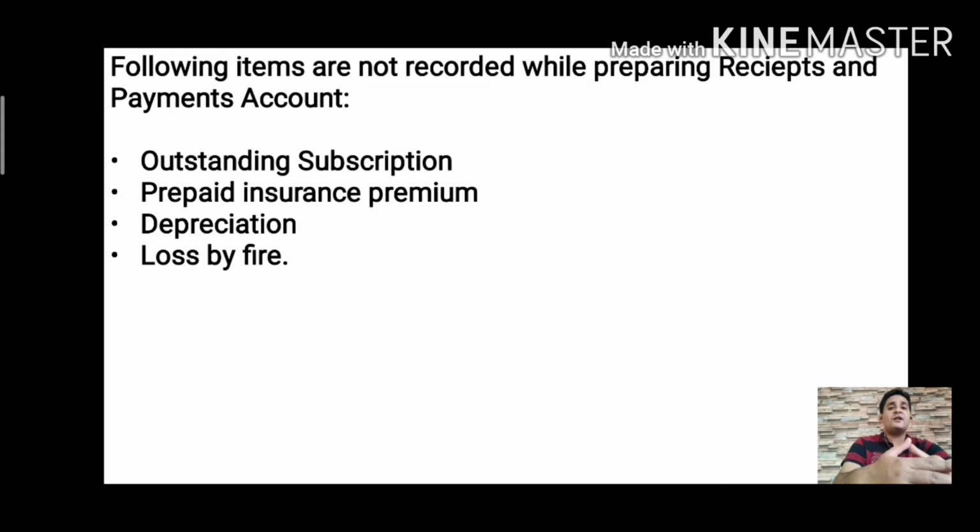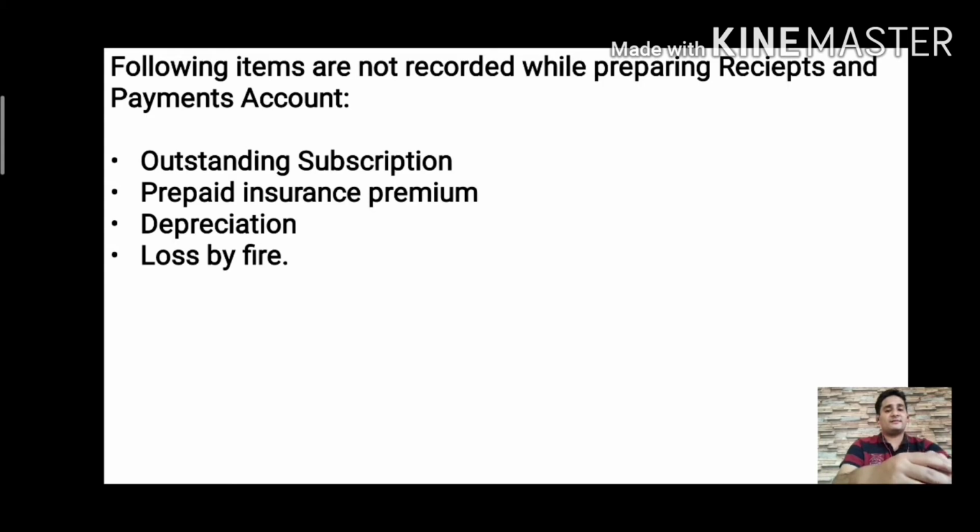So only the receipts and payments made in that particular year are recorded, and other items are not recorded. Outstanding subscription is not received yet, so that's why it is not recorded.